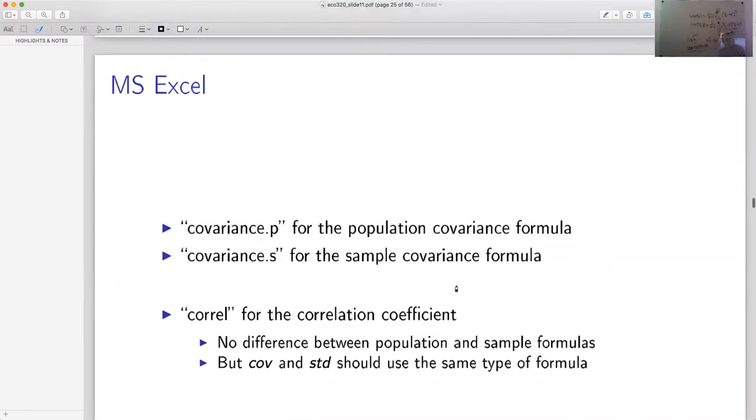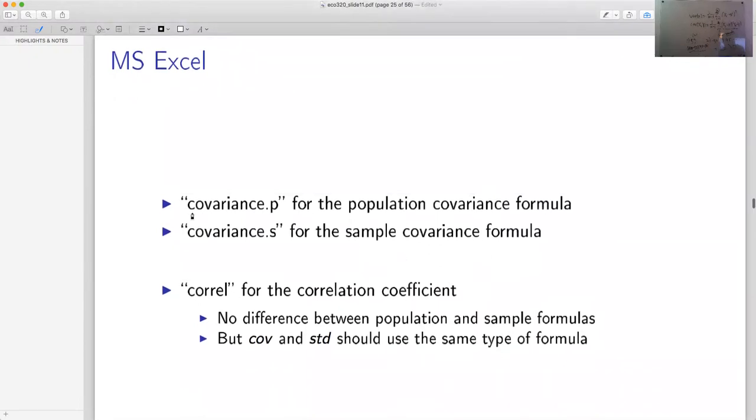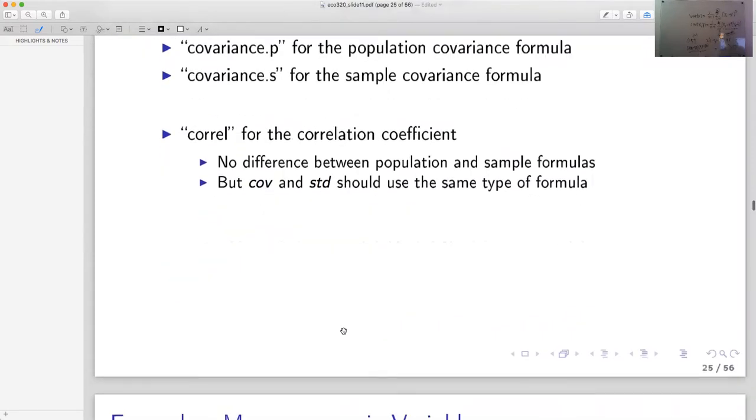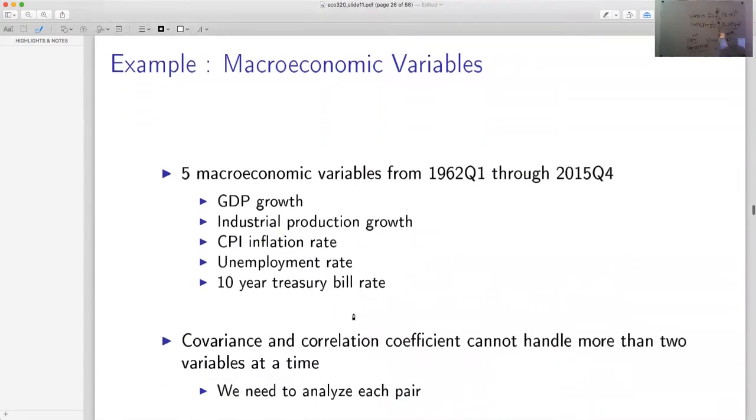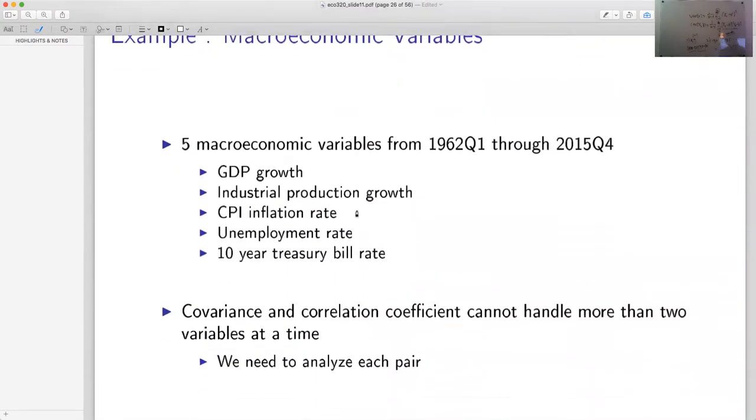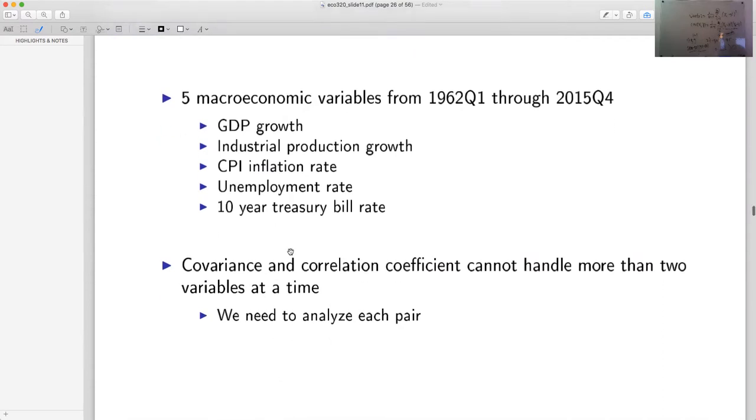In Microsoft Excel, you can use this function or the correlation function to get the relationship based on the kind of data you have, okay? For those who took macroeconomics, this is a standard thing we usually talk about.